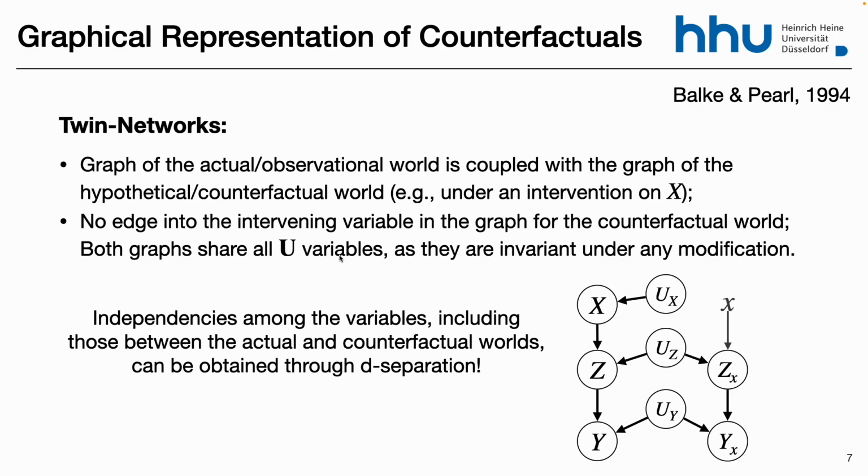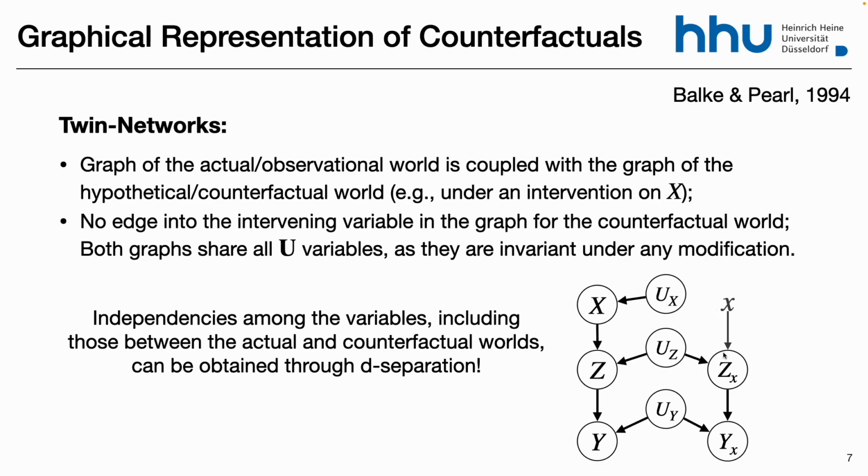So the idea is just to have copies of the graph in each reality. For example, this is the observational reality, that is a graph. This is the interventional graph when you have an intervention on X. So I have a subscript for every variable that's under the intervention on X, so that's Z_x, then Y_x. And X itself is no longer a variable because it was set to a value x.